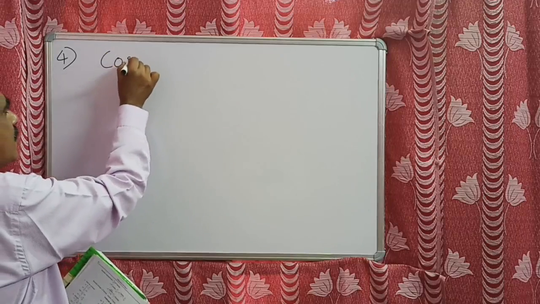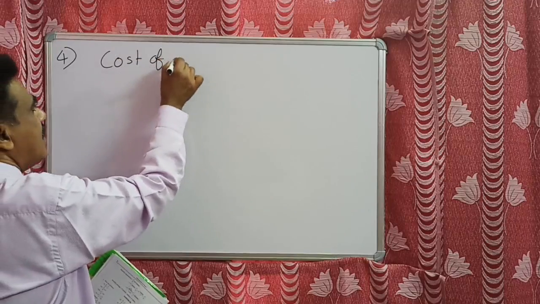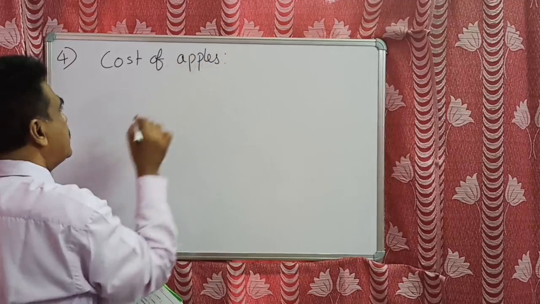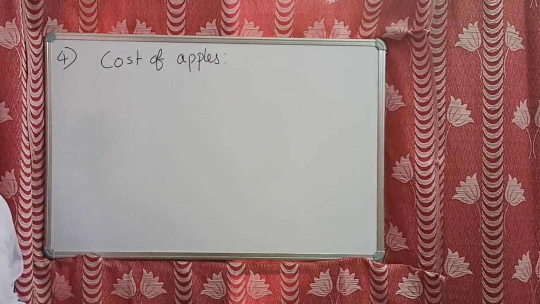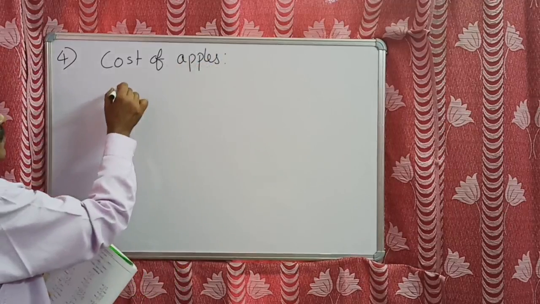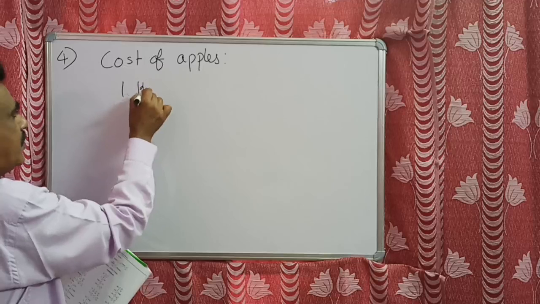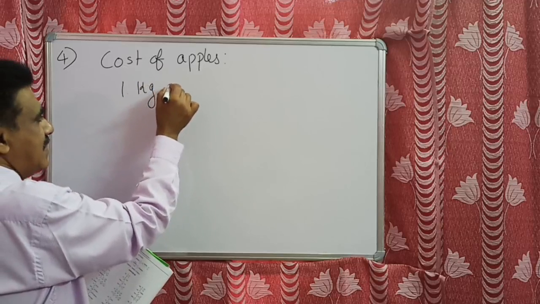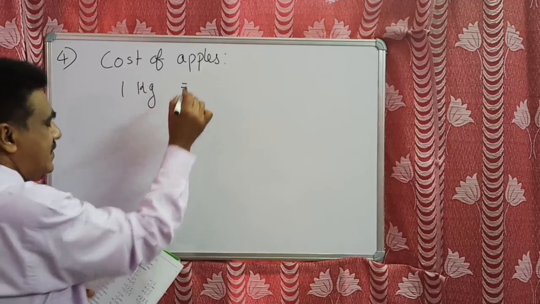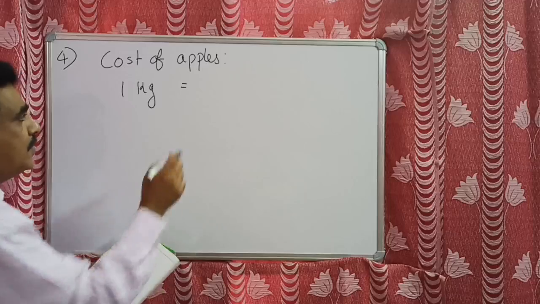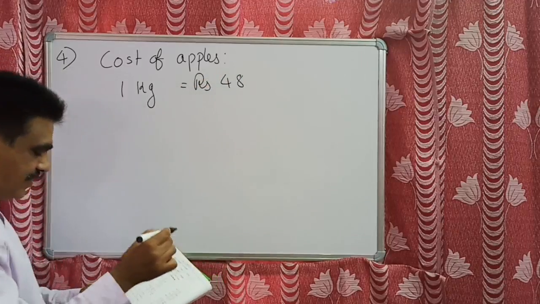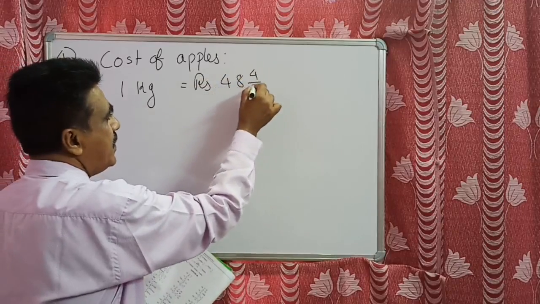We can write cost of apples. Cost of 1 kg. It is written per kg. So we can write 1 kg of apple, that is rupees 48 4/5.